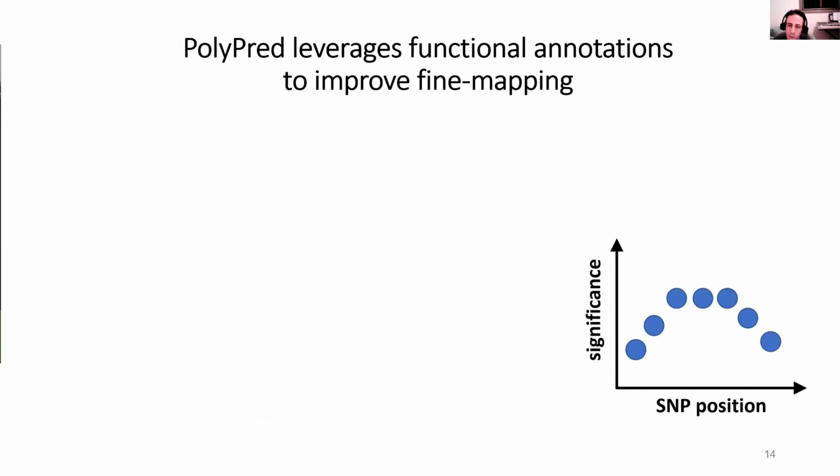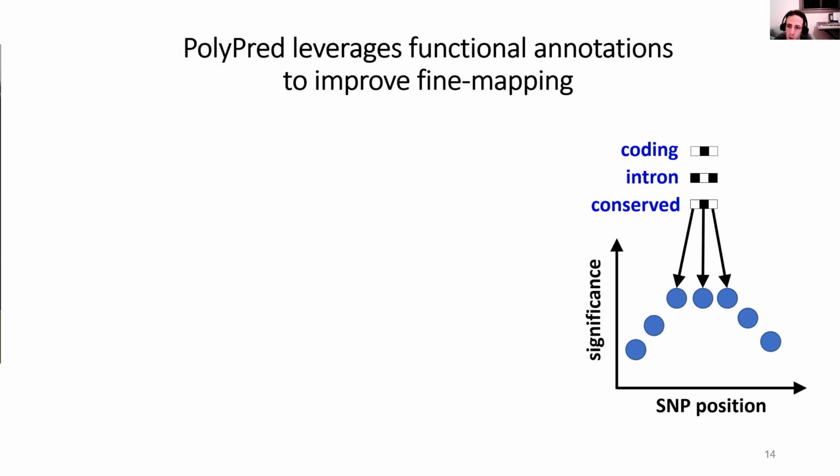We use functional annotations to improve fine mapping. Here is an example. I guess that after Gao's talk, you don't really need that. But let's say we have a bunch of SNPs here, and these are the significant p-values or whatever. We know that probably one of these three SNPs in the middle is causal, because they are strongly significant, but we don't know which one.